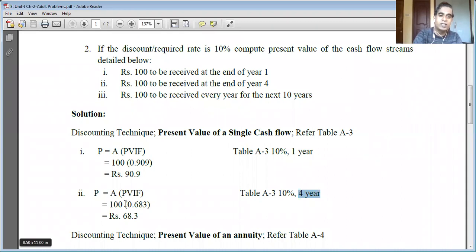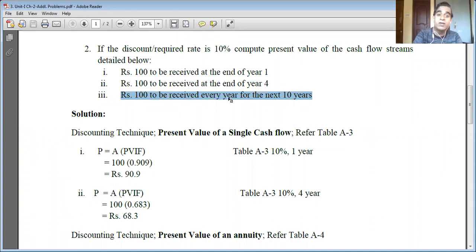This was also there in the previous problem. We have already seen how to find it. It is 0.683. So when I multiply, the present value of 100 rupees to be received after 4 years is 68 rupees 30 paise.